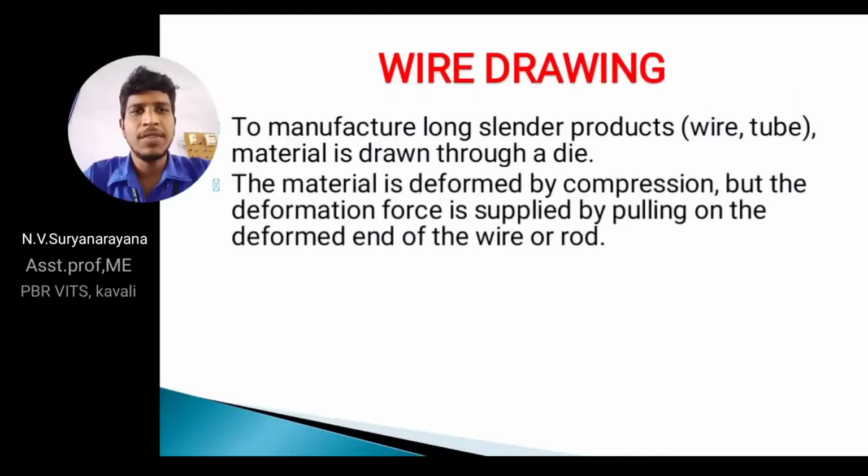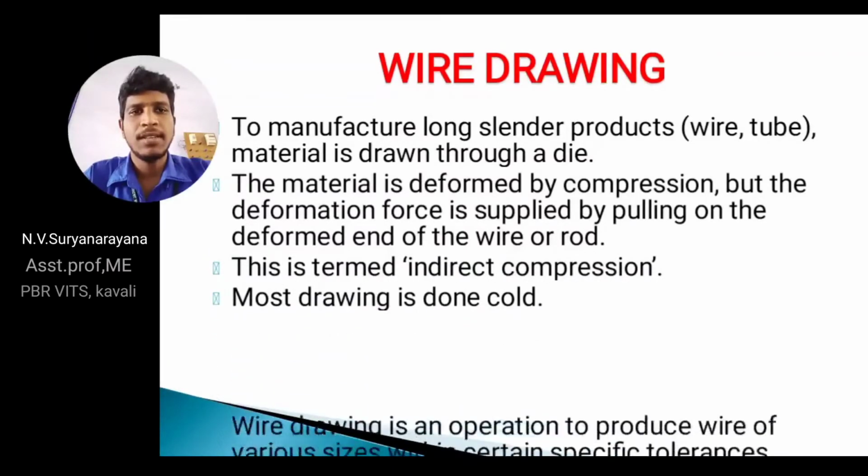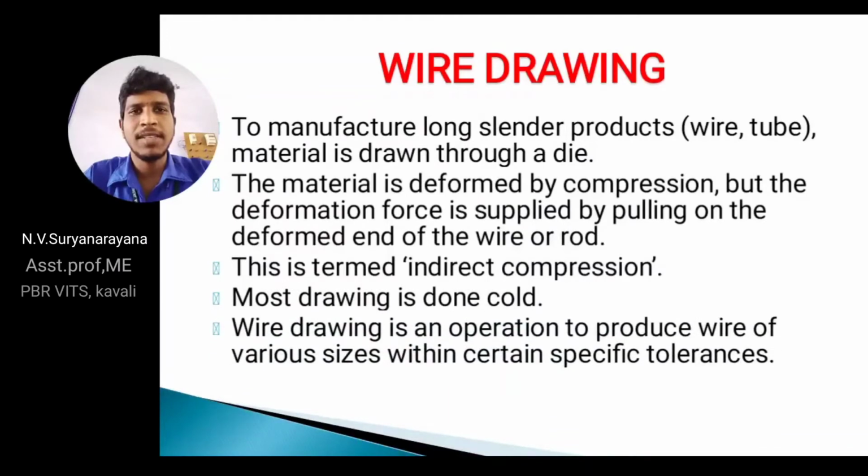The material is deformed by compression, but the deformation force is supplied by pulling on the deformed end at the exit point of the wire or rod. This is known as an indirect compression process, and wire drawing is an operation to produce wires of various sizes with specific tolerances.